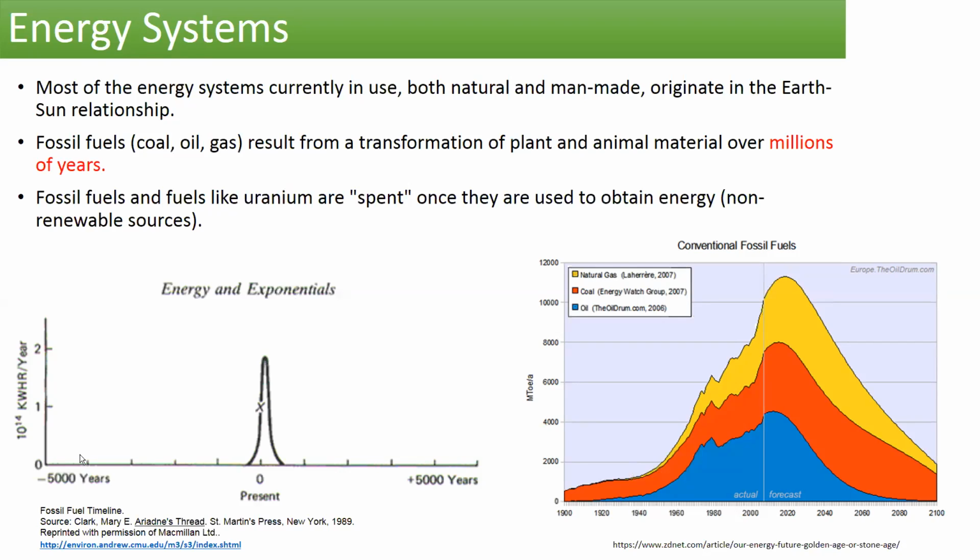Okay, so we are seeing that we are getting to the peak of using all those fossil energy resources, basically in our current time, and we are going to continue to use those for the next decades. That's what the trends show us, that we are going to use the conventional fossil fuels.